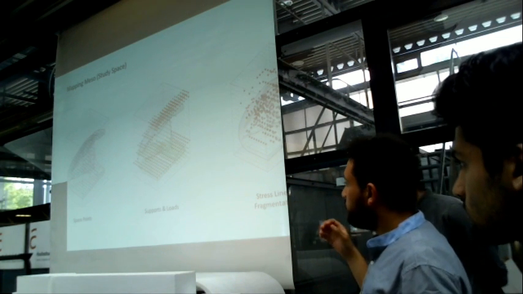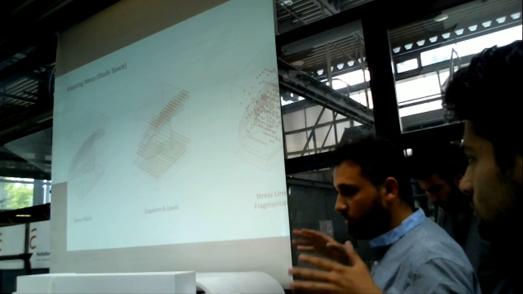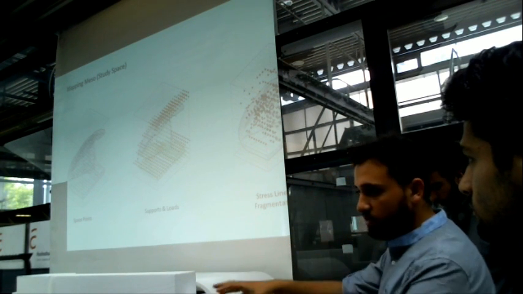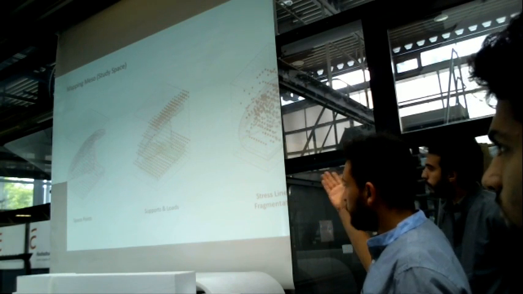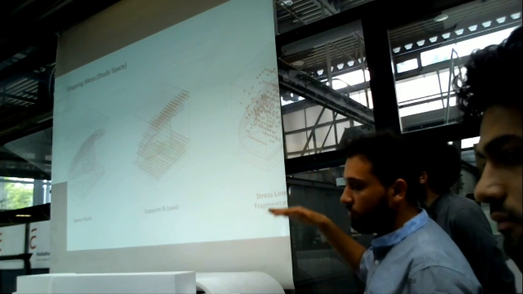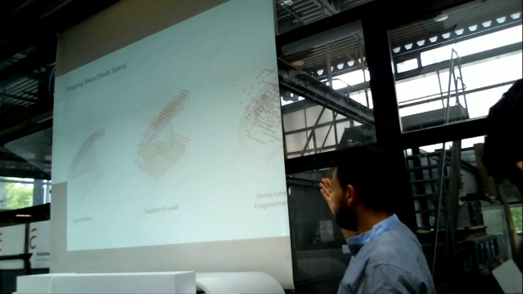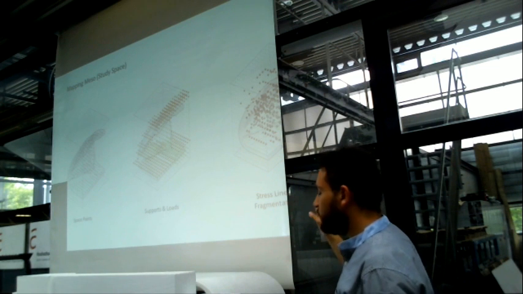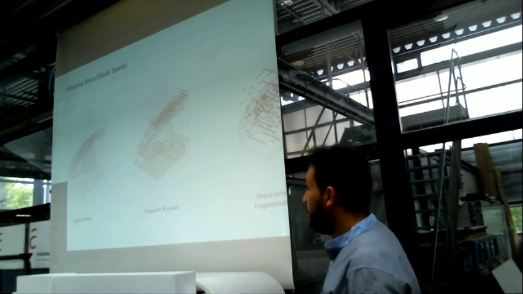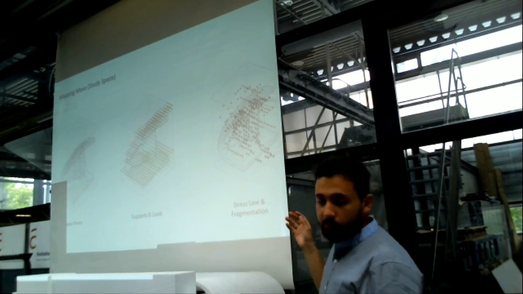Firstly, we defined the space points that define the whole space of the desk and the working area, and then we put in the supports and loads based on the live loads and dead loads. Then we did an analysis for the stress lines and topology optimization, and then applied it to the same point clouds.